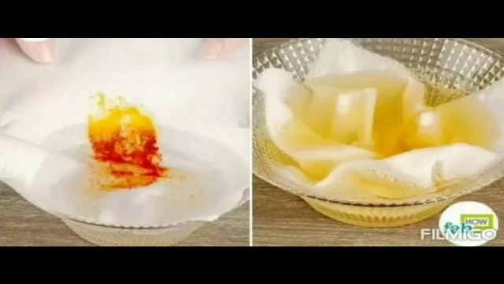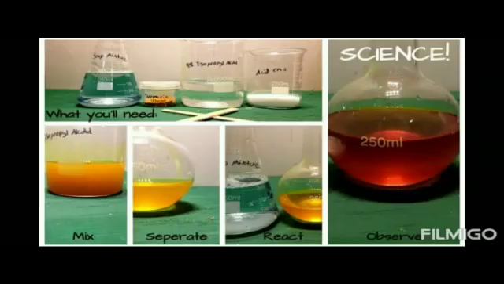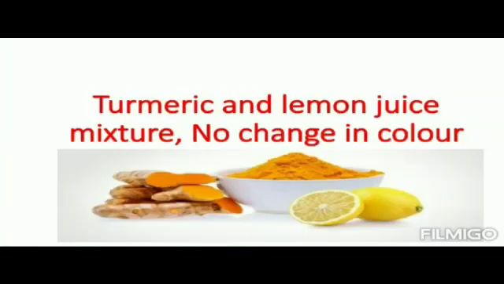Soap is basic in nature, potassium hydroxide. Turmeric is a natural indicator, so turmeric on soap solution turns red. When you drop lemon juice into curry which already has turmeric in it, does it change to red? No. So, turmeric does not act on acid. It acts only on bases.